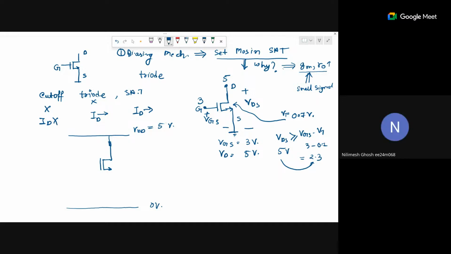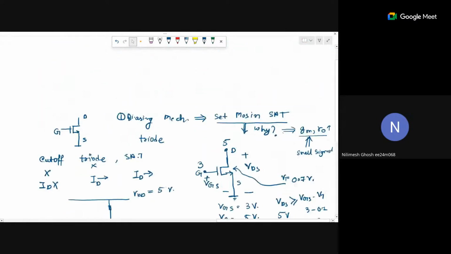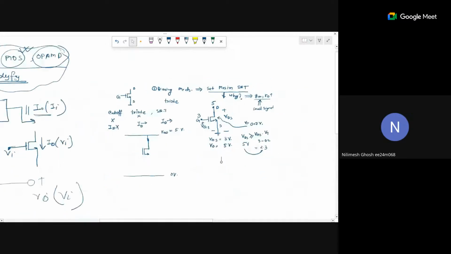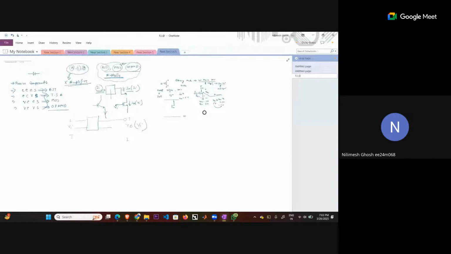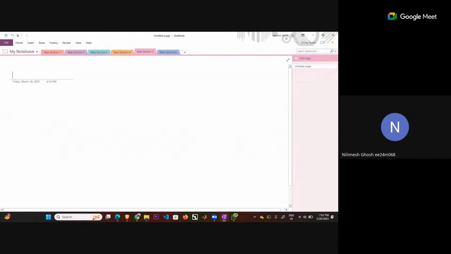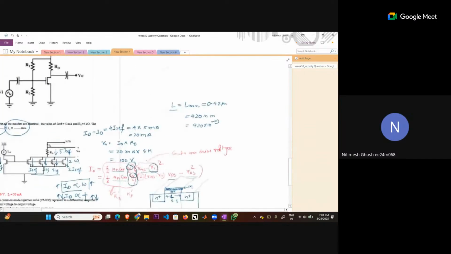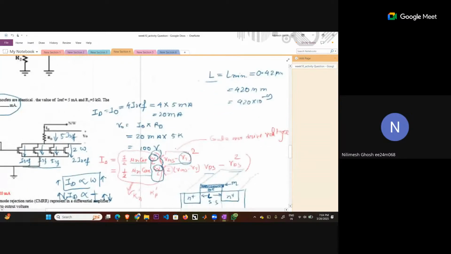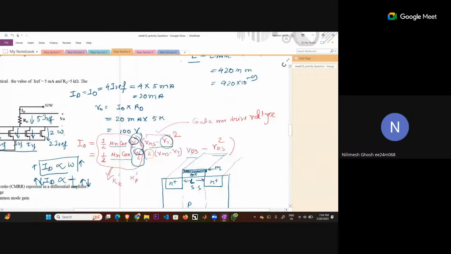Yes, sir. Okay. So just like in the previous slide, now I discussed also the current equations. So this is the saturation region.